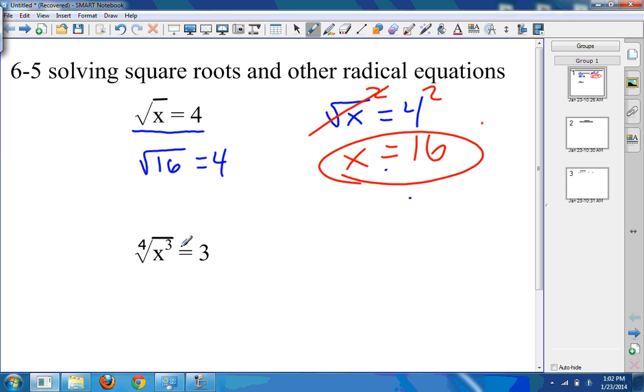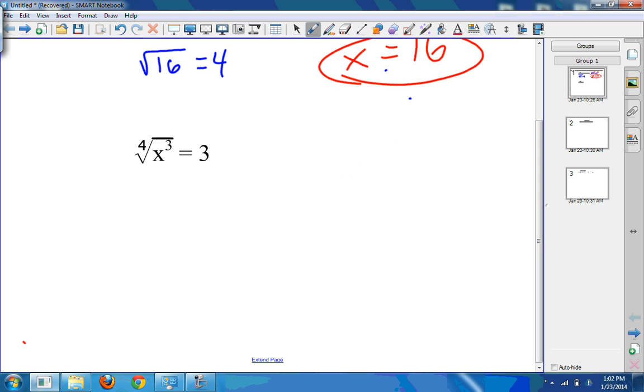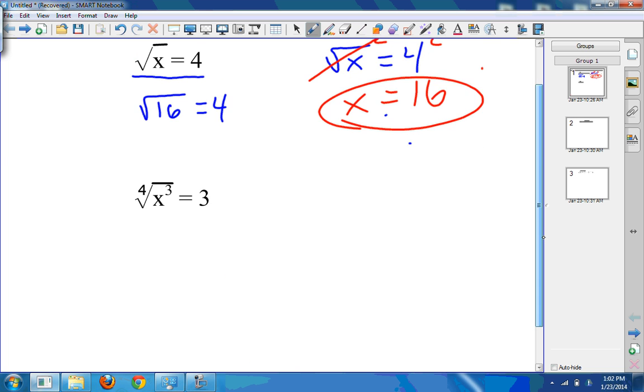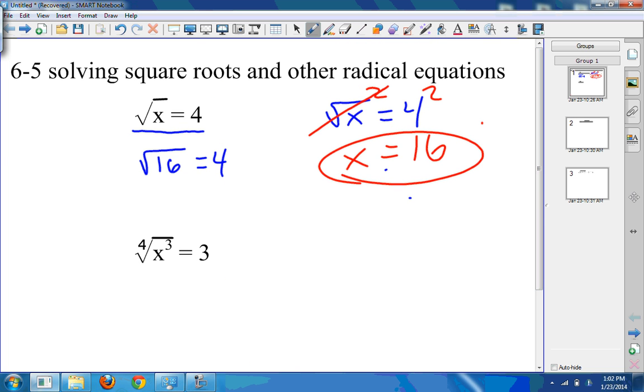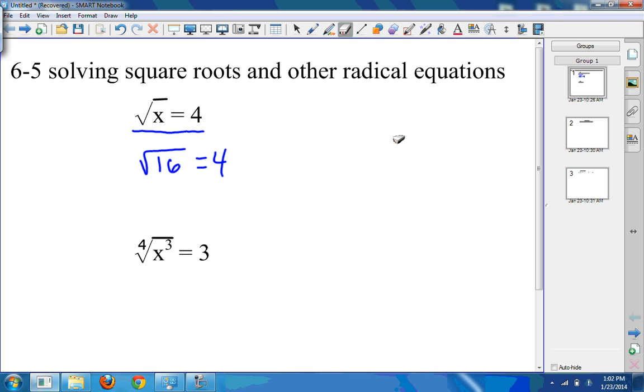The problem below it here looks a little bit trickier because we have x to the 3rd power and the 4th root. We can solve it though the same way we solved our other problem. If I rewrite this problem as x to the 1/2 power, that's the same thing as the square root of x.